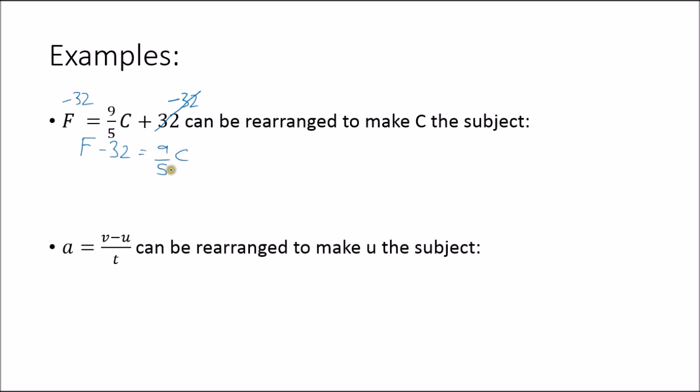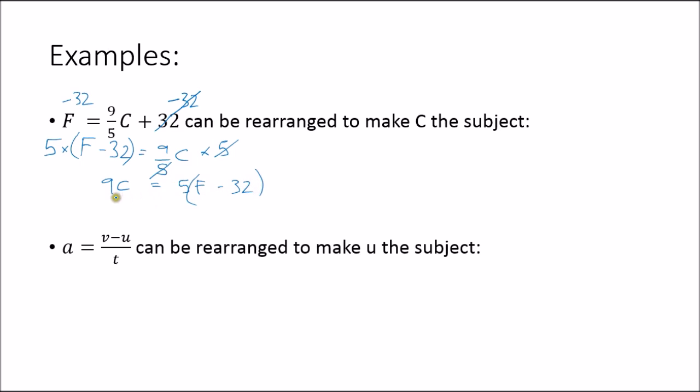Now I'll get rid of my division first, so I'm going to multiply this by 5 on the right hand side, and I'll also do that on the left hand side, making sure that I'm multiplying everything by 5. So the 5's cancel on the right hand side of the equation. So what I'm left with, and I'm just going to swap these over, is 9C equals 5F minus 32.